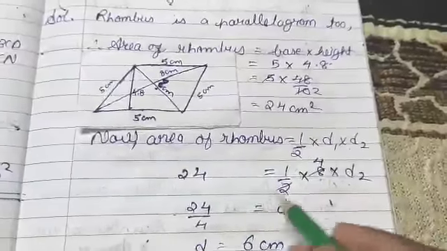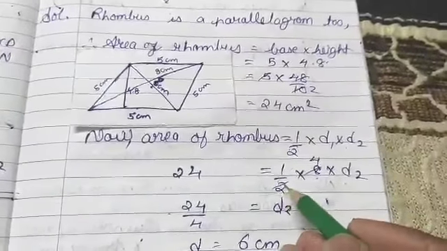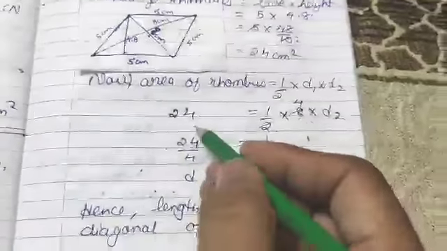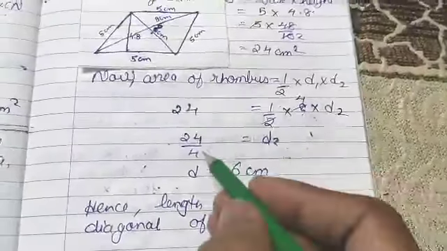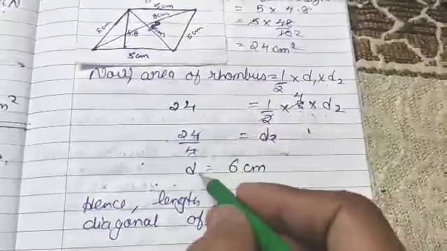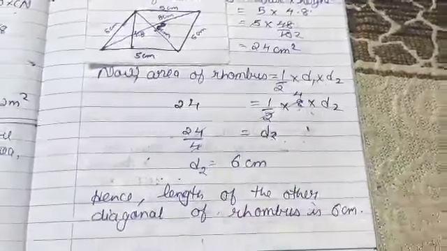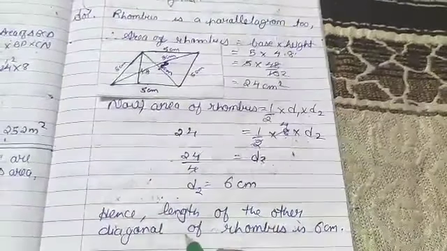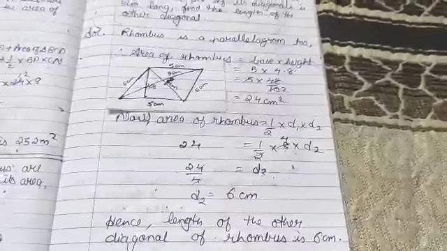So cancellation is possible: 2 4s are 8, and 4 will come down over here. So 24 divided by 4 equals d2. 4 6s are 24, so the length of the other diagonal is 6 centimeter. This is how we found the length of a diagonal of a rhombus, that is 6 centimeter.